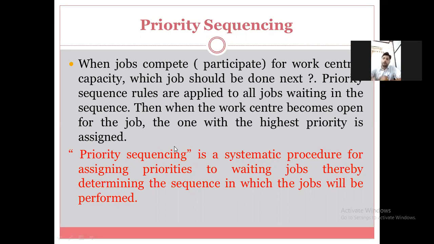If you want to perform any task on a particular job or object on a CNC, a VMC or a lathe machine, you have to perform the operations in a sequential manner.